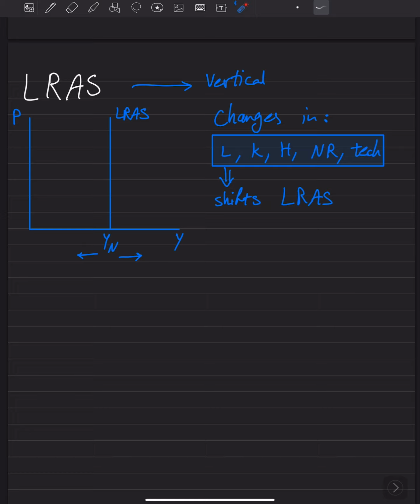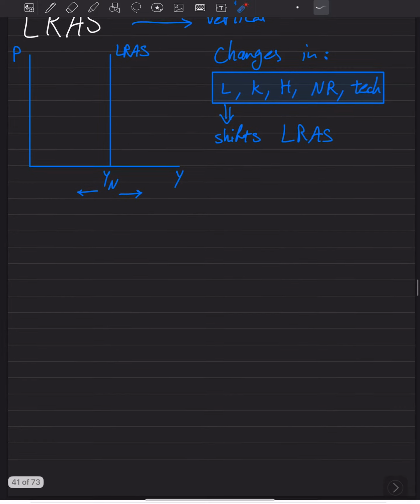Or if we lose some of the immigration, or if some of the natural resources are affected by some natural disaster, for example, we're going to have fewer resources and the long run aggregate supply is going to shift to the left. We're going to look at more examples when we put everything together.